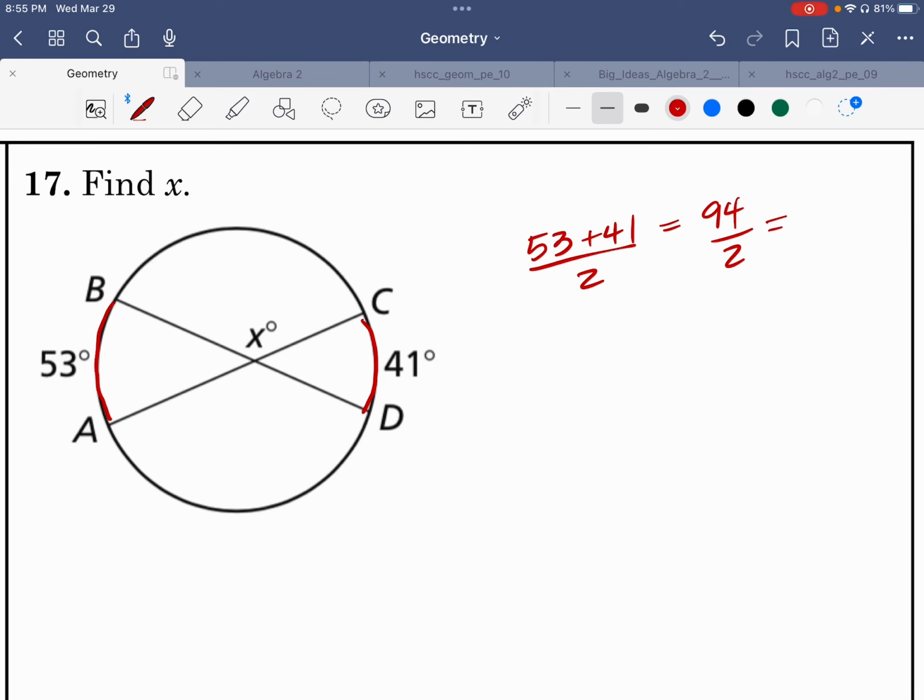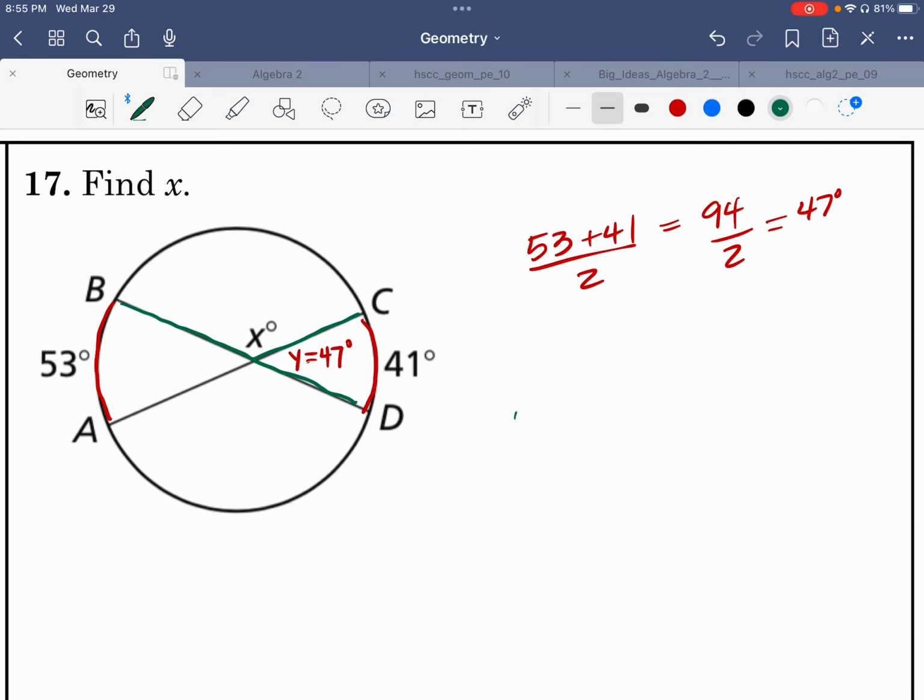Unfortunately, that's not the angle x. It's the angle next to the x. So 94 divided by 2 is 47. So we now know that angle y, the one that we made up, is 47. The good news is that when two angles are created by intersecting lines, they create a linear pair. In other words, they add up to 180.